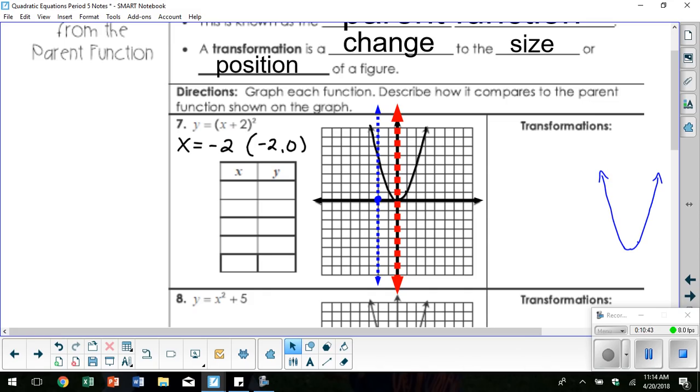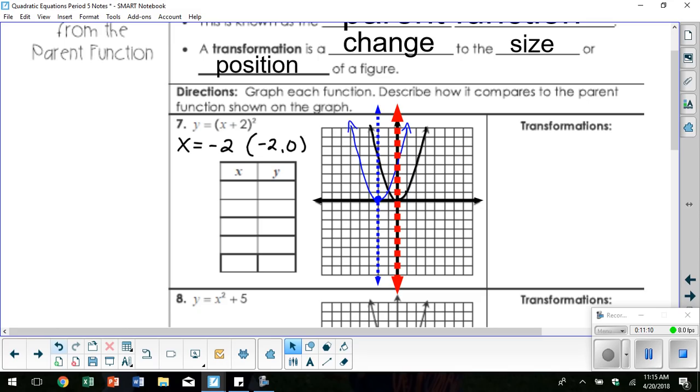Now, watch what happens. Here's where the parent graph was, right? Correct? Here's where the new graph is. What did we do to the parent graph to get the new graph?